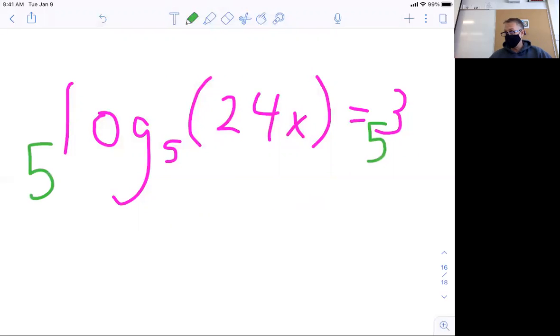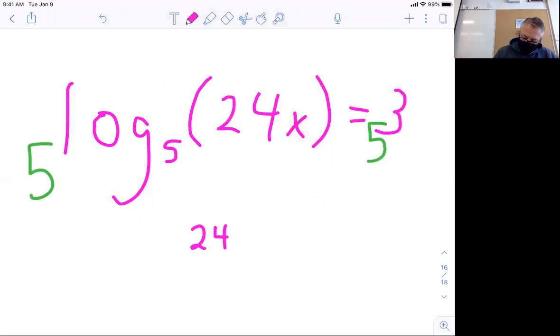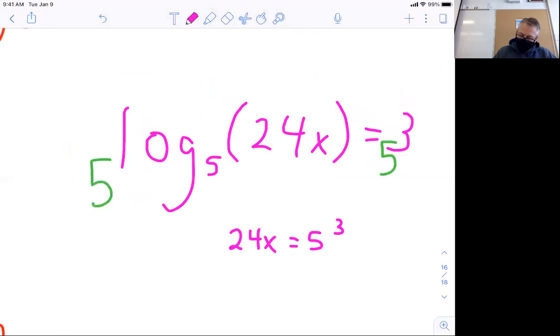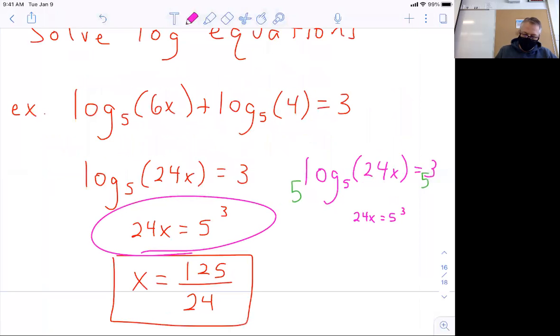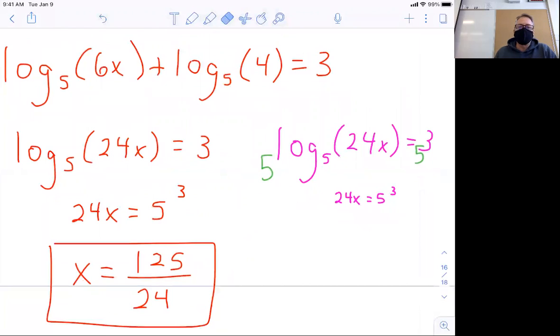As long as I do the same thing to one side, I do the same thing to the other. Well, those two things cancel out, and the left side becomes 24x equals 5 to the third. That's what we got. Okay, so we're really just following rules of algebra, but writing it in another form is just kind of a shortcut of doing that algebra.